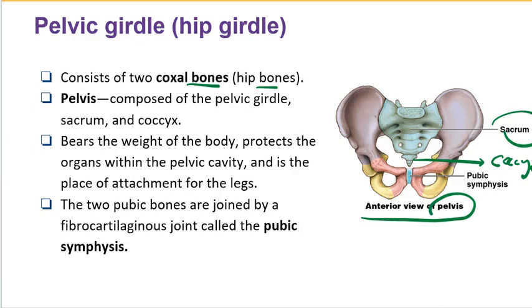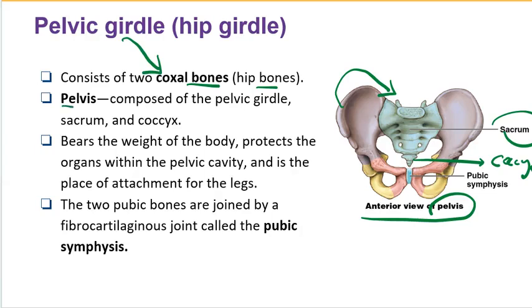When we say pelvic girdle, it means the bones connecting our lower limb to the axial skeleton. The sacrum and coccyx are part of the axial skeleton, but the hip bones, which connect our lower limb to the axial skeleton, are part of the appendicular skeleton. So one more time, whenever we're talking about the pelvic girdle, we're talking about these 2 hip bones.